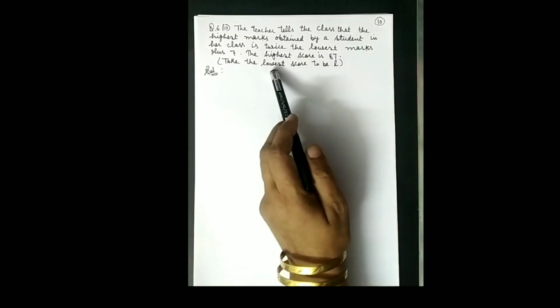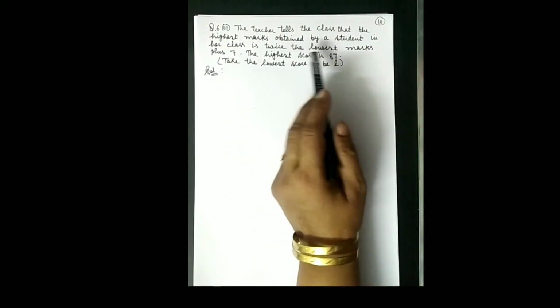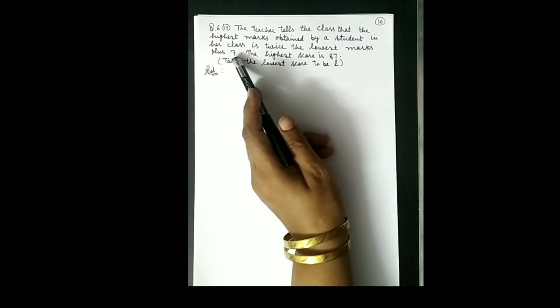Next, third part. The teacher tells the class that the highest marks obtained by a student in her class is twice the lowest marks plus 7. The highest score is 87. Take the lowest score to be L. Now what is given in the statement? What is the highest marks? The highest marks is twice the lowest marks plus 7.